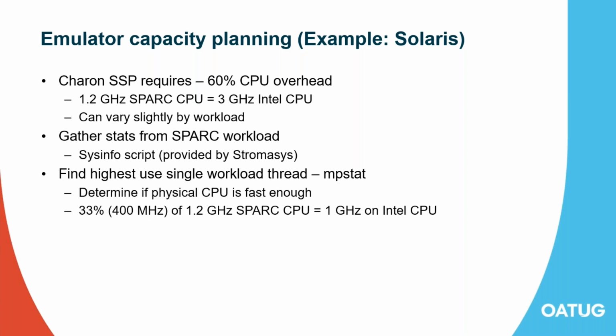So we pulled out the Solaris utility mpstat, which gave us the peak utilization of each of those threads, and we discovered in the process that the highest utilization thread peaked at 20% of that 2.8 gigahertz CPU, and most of the time was riding below 10%.